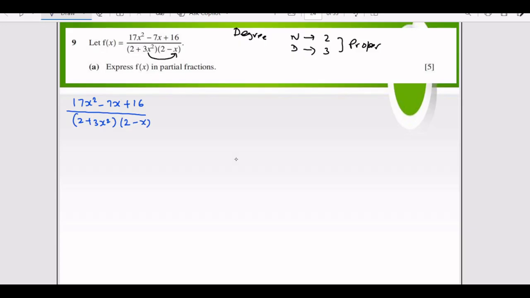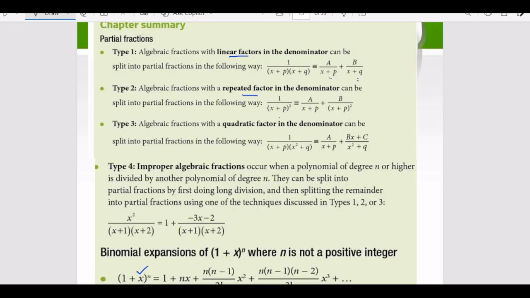As you can see, we have this quadratic factor here. I can write the linear factor first, then we write the quadratic factor. That's how we usually write.